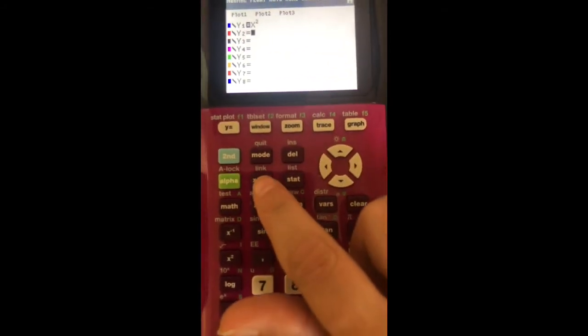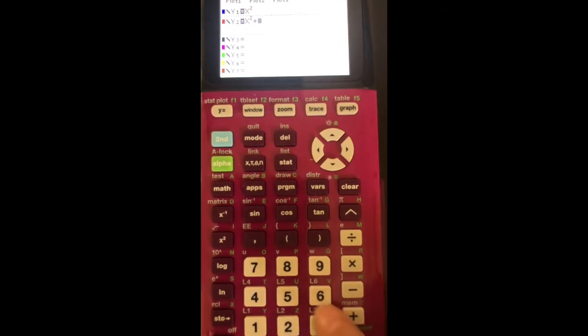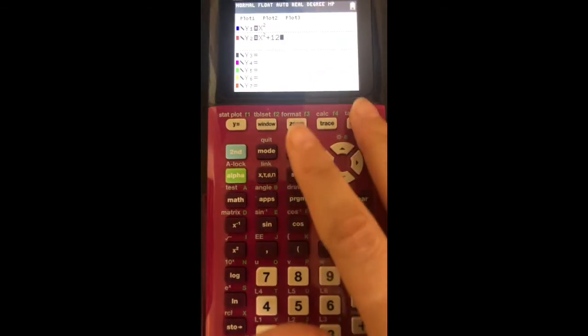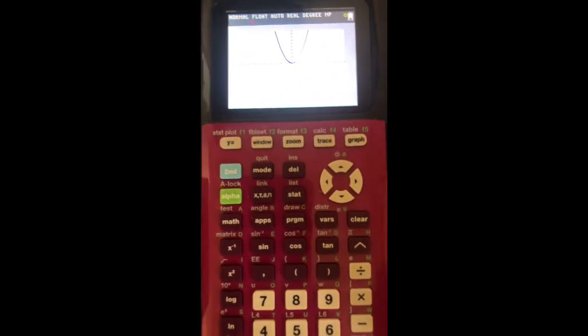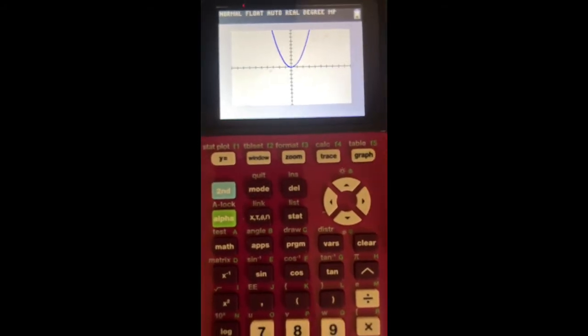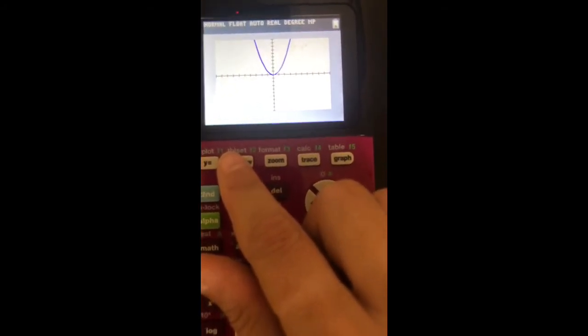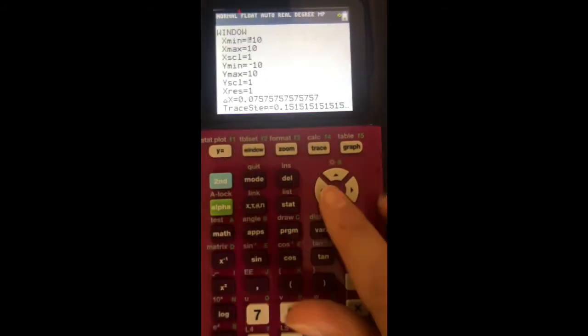So now I'm going to do x squared, and I'm going to say plus 12. Okay, so you should notice a problem here. We're not seeing it. So that is where you have to adjust the window. So several times when you're graphing, you're going to be constantly adjusting the window.